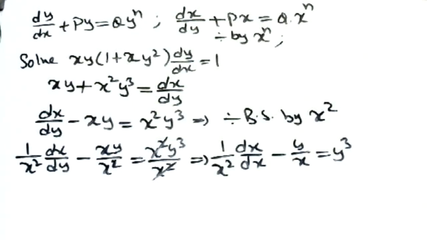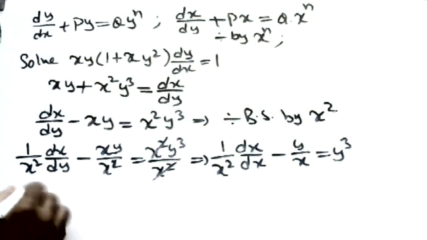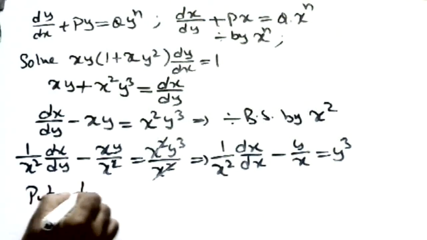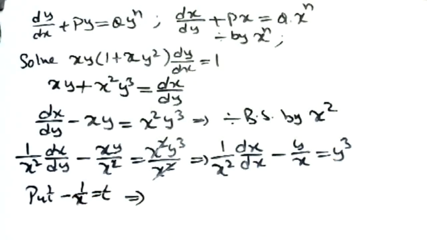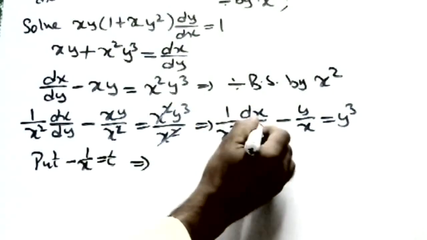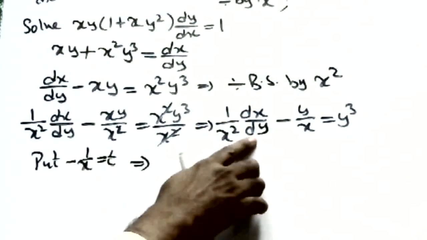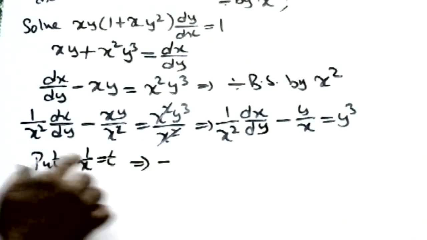Now from here, what is the procedure? We have to suppose this as t. Put minus 1 by x equals to t. Now let me differentiate both sides with respect to y, because we are having here dx by dy. So we have to differentiate both sides with respect to y.